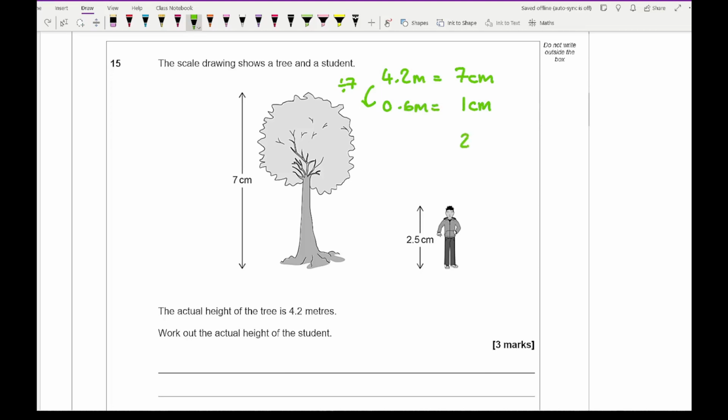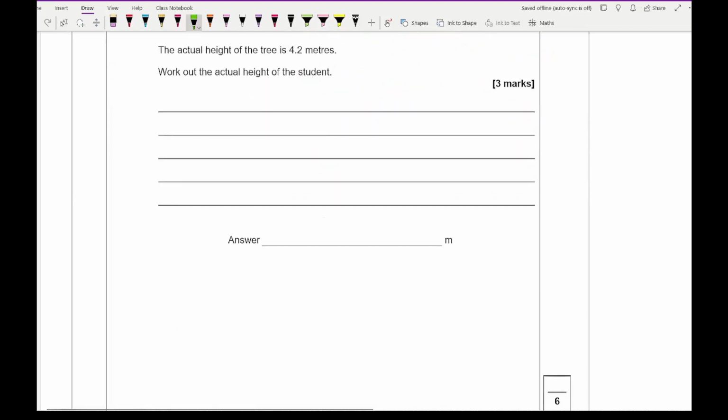And then I want 2.5 centimeters, so I need to multiply this number by 2.5. So 0.6 times 2.5 gives me an answer of 1.5 meters. So the answer then is 1.5.